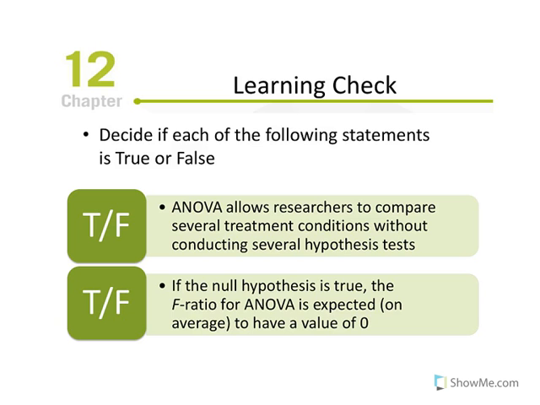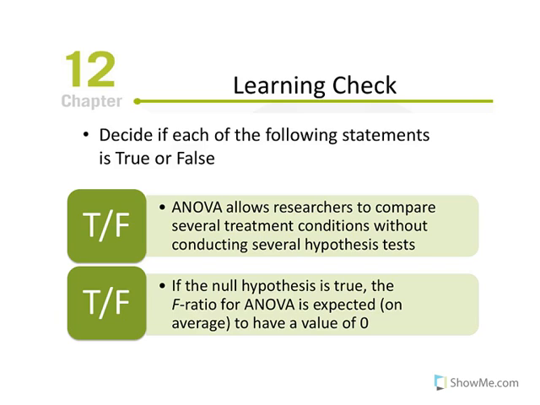So we'll end this lecture video with a learning check, and we'll decide if these following statements are true or false. So first, ANOVA allows researchers to compare several treatment conditions without conducting several hypothesis tests. True or false? And the answer to this is true. We discussed at the beginning of this video that the advantage of conducting analysis of variance is that it enables us to compare multiple treatment conditions without the potential of increasing the likelihood of engaging in a type 1 error.